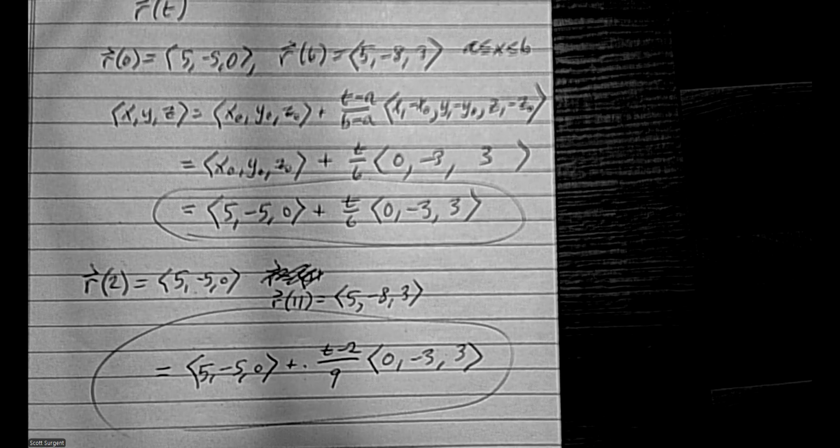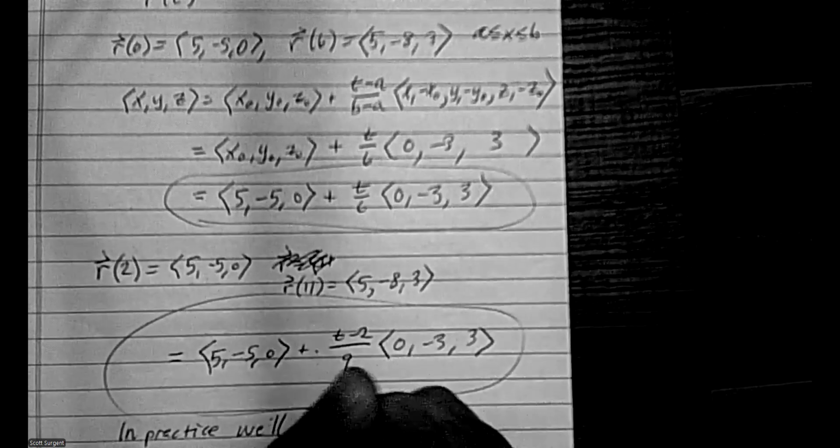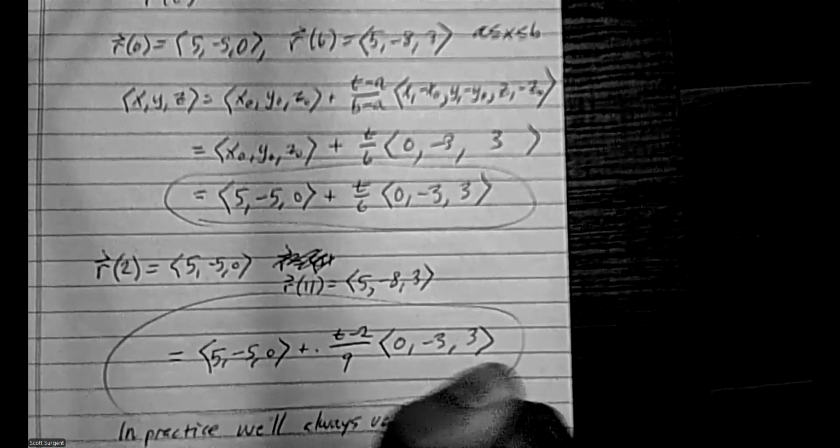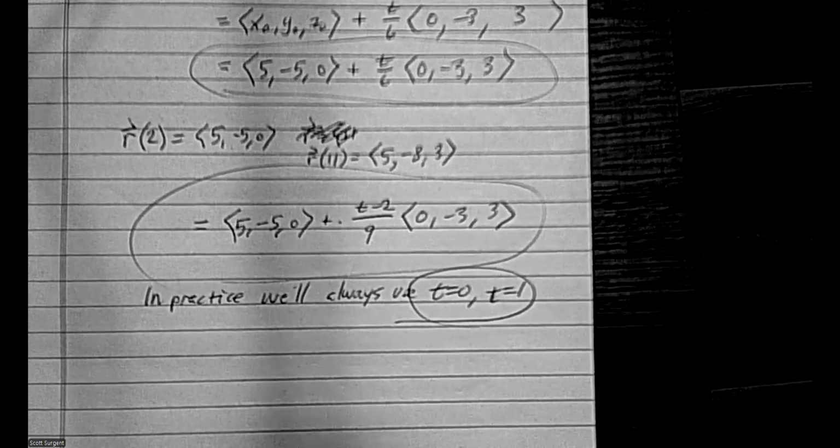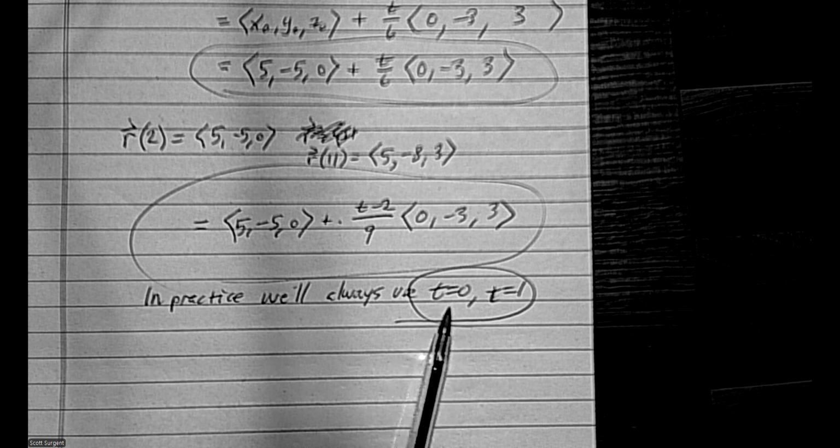So my comment on this is that in practice, we'll always use t equals 0 and t equals 1. Because those are the most natural boundaries. You kind of use them without really thinking about it. And also for later on, when we get to the module on vector calculus with line integrals and parameterization, you want to parameterize your paths in a convenient way because these will actually become bounds of the integral.